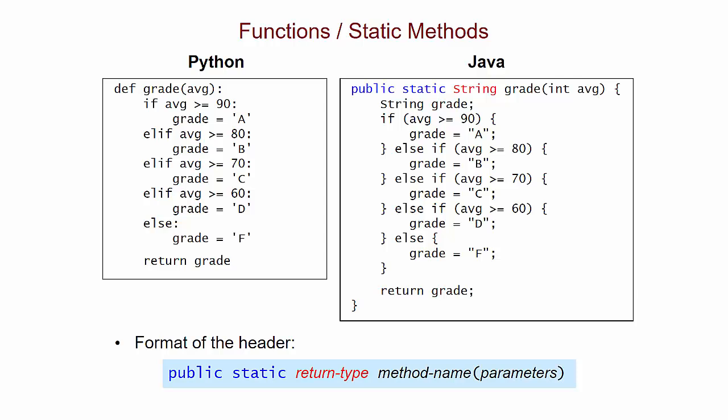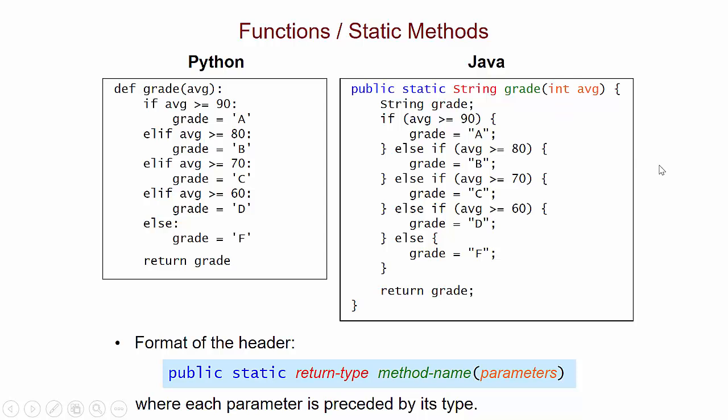So here we're saying that this method is going to return a string object. We then have the name of the method, which in this case is grade, and then in parentheses we have the parameters or inputs. In Java, those variables have to be preceded by their type, just like we've seen elsewhere. So in Python, you just have the variable that you're using for the input. In Java, the variable has to be preceded by its type.